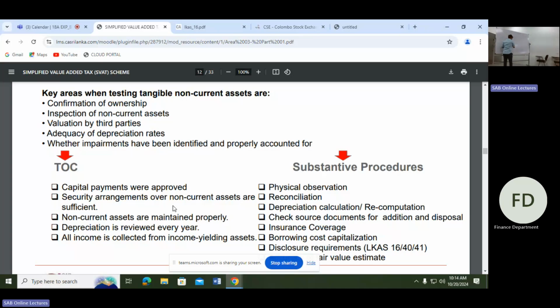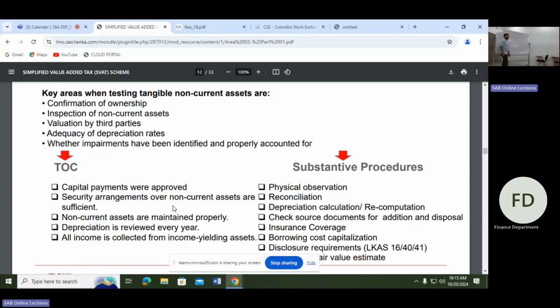And another reconciliation is opening to closing. The PPE note has opening balance, then additions, disposals, depreciation, and then revaluation, and the net balance. So, opening to closing reconciliation.